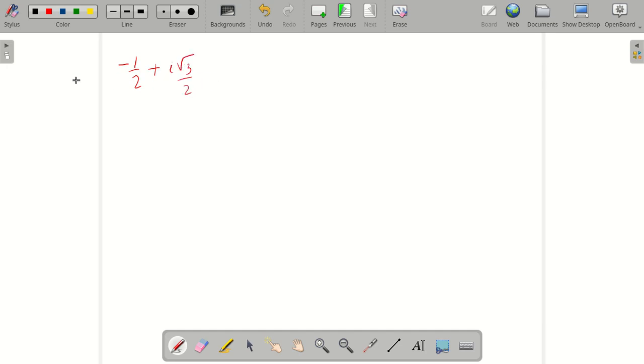Okay, so let's say let this number be equal to r into cos theta plus i sin theta. So what's the aim? What are we trying to find? Yeah, r as well as theta.